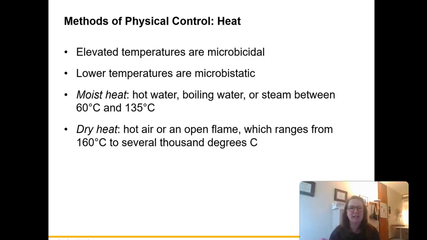So it's microbistatic. I recently had the situation where some grated cheese went bad quicker than I thought it would. And usually when our cheese goes bad, it's because there's penicillium or some kind of fungal pathogen occurring. So if you pull out a brick of cheese and you see a green fuzzy colony on it, that's a fungus. So I pulled out this grated cheese. Now we have an older dog and she doesn't like to eat her food.